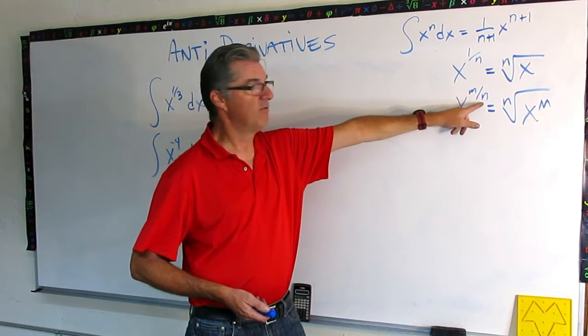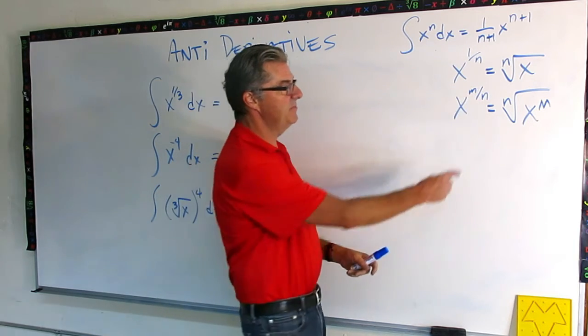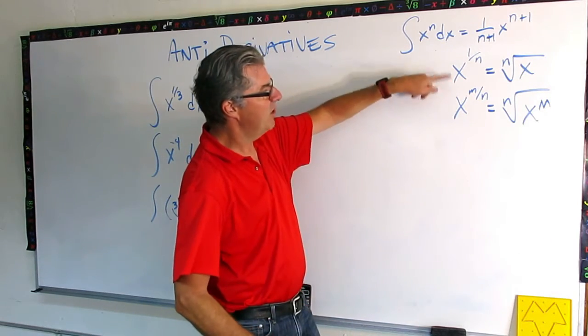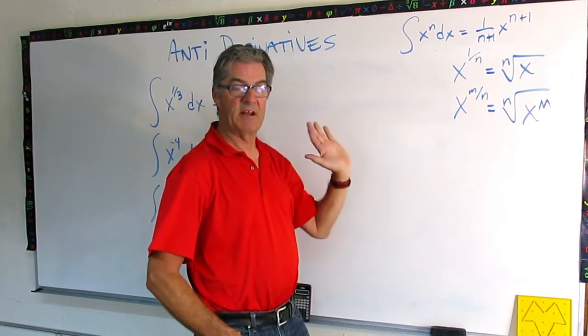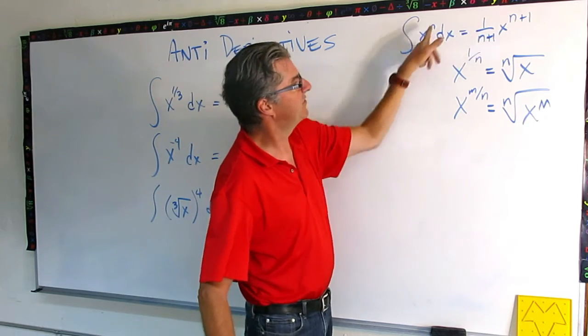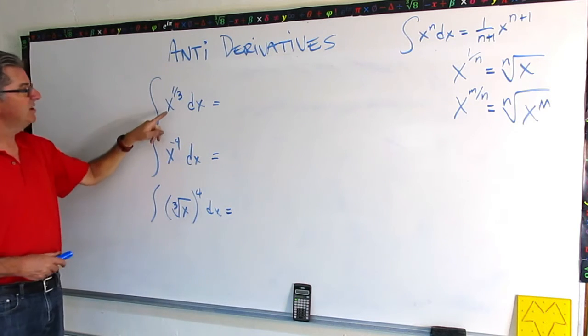X to the m over n, this is a fraction that's not got 1 on the top, some other number, that's going to be the nth root of x to the m. So we're going to use both of these rules frequently when we analyze these powers, because you can tell probably from our formula, we're going to get some fractions going on in here, and we're going to have to evaluate them.